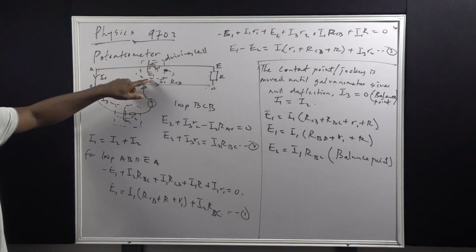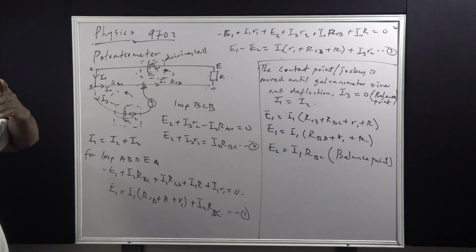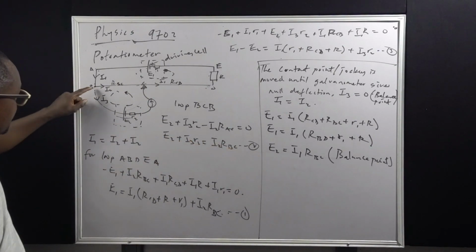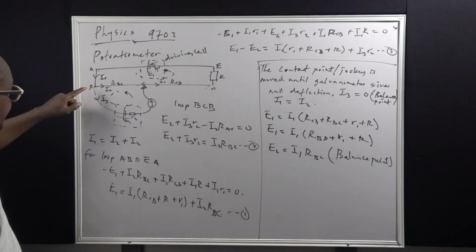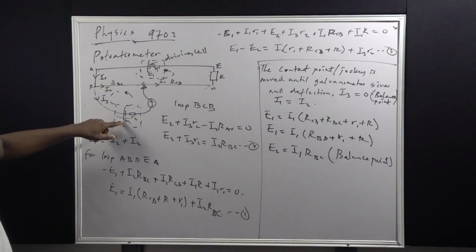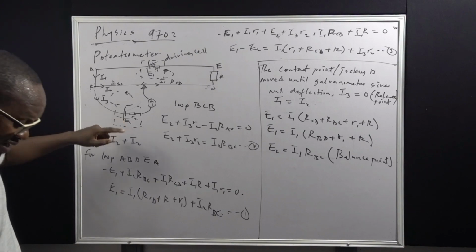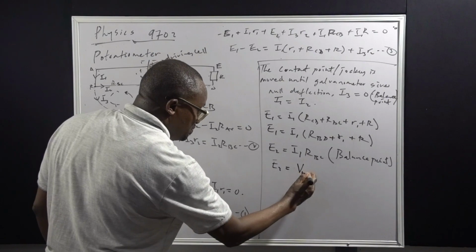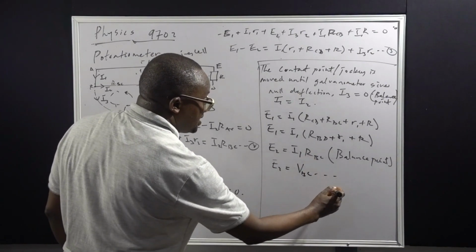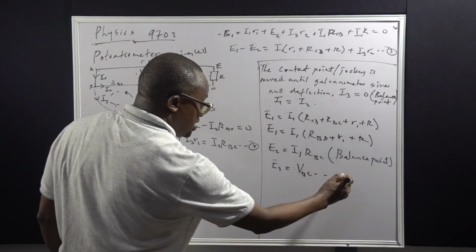And if I know I1, then I can know the PD across this resistance wire BC. So the PD across the resistance wire BC is balanced by the EMF of this battery at the balance point. So E2 now becomes the PD across BC. Note that. Very, very important. At the balance point.